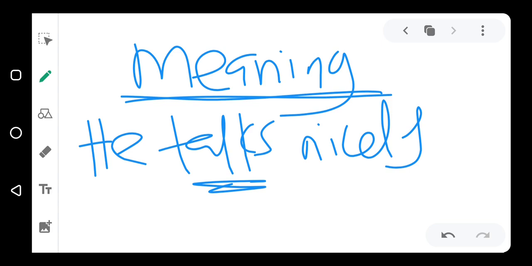So an adverb tells us how the action performs its action, how the verb performs its action, where it performs its action, why it performs its action, when it performs its action.